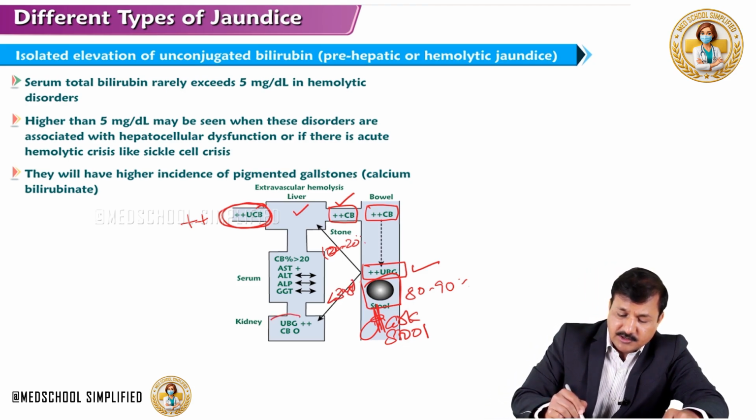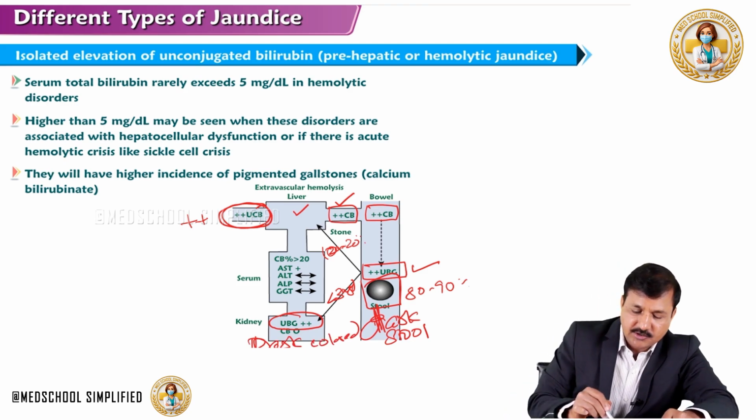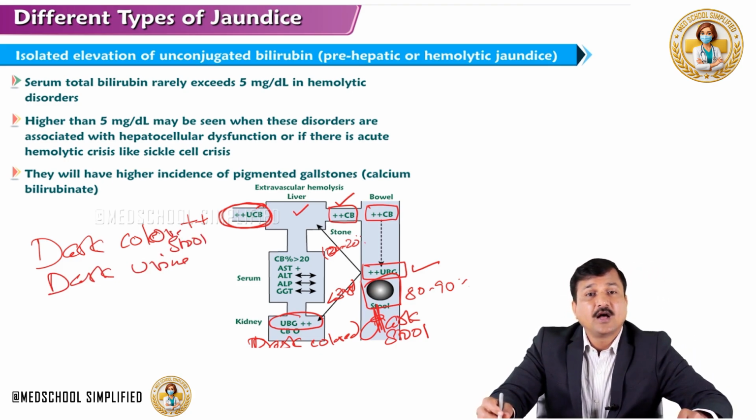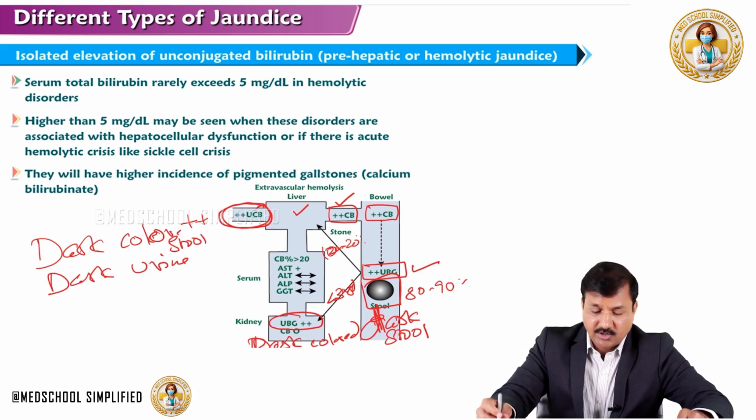So, urine urobilinogen is 2+, which means urine color is also dark. In pre-hepatic jaundice, you are going to see dark stool and dark urine. Those are the findings seen in pre-hepatic or hemolytic jaundice.